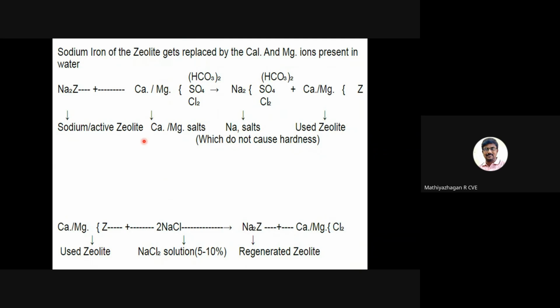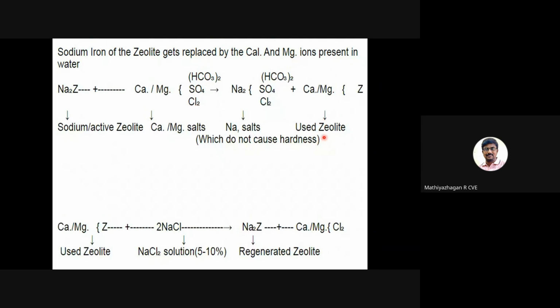Here also we can regenerate the used zeolite using a 5 to 10% sodium chloride solution. Therefore we can't waste the used zeolite like activated carbon; we can regenerate it.